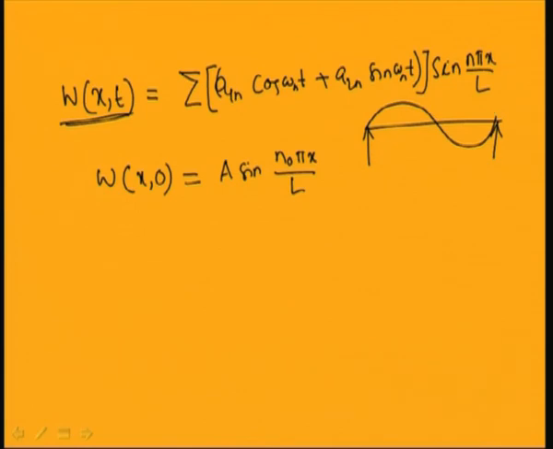This is the mode shape of the second mode. Already you know the mode shape of the first mode can be given in this way. So, this is the first mode, this is the expression for the second mode. Similarly, you know the third and fourth modes.